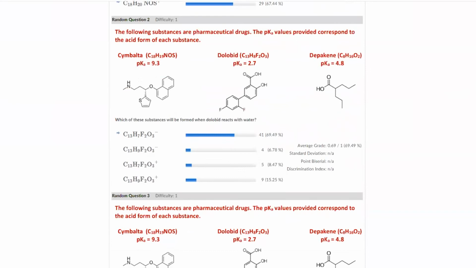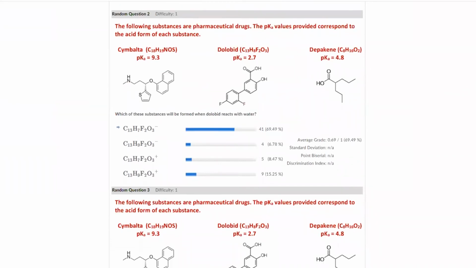Question 2. We're moving to Dolobid. When Dolobid reacts with water, it's an acid. It's going to donate a proton to water. This proton over here will be donated to water because the oxygen of water can accept that proton. We have two lone pairs on the oxygen of water, which can be used to accept this proton.